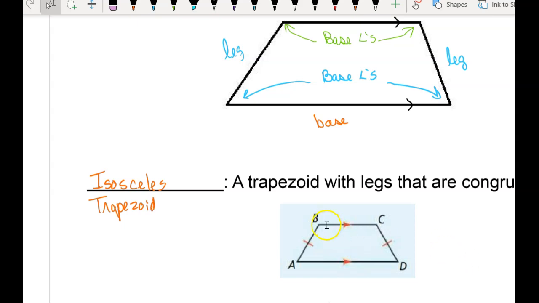So I have my trapezoid ABCD. BC and AD are parallel. AB and CD are not, but the legs are congruent. We have the congruent markers, so we know that this is an isosceles trapezoid.